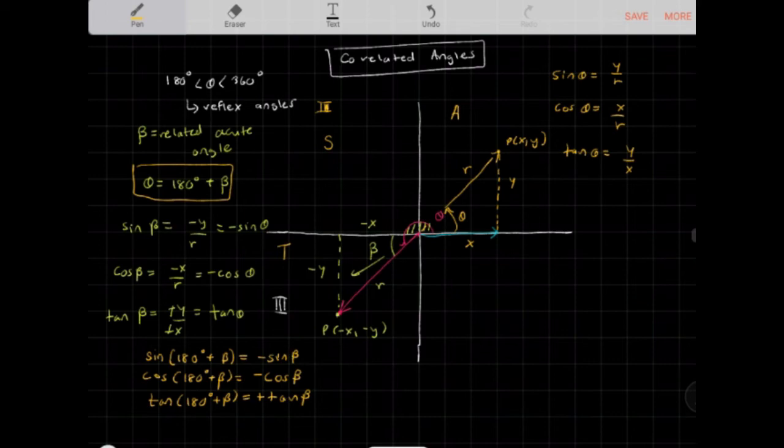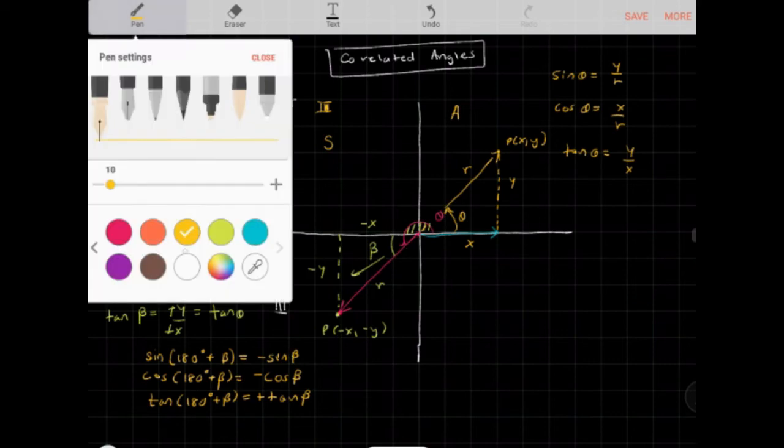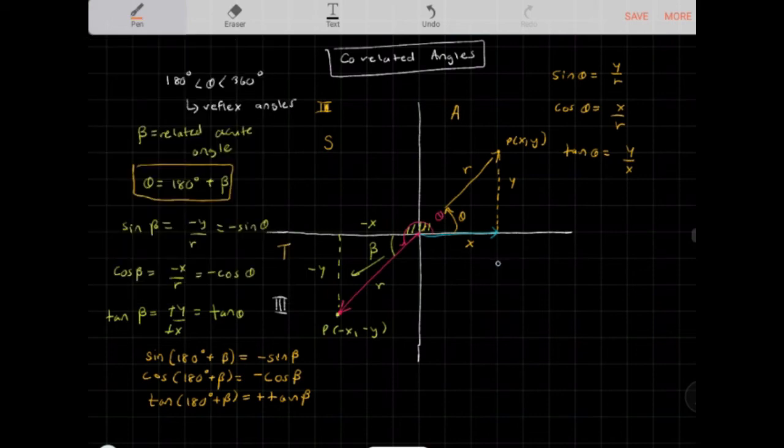Okay? Now, how do I use this? How do I go about using these equations? Well, let's say that we had a related acute angle that was related to a reflex angle that was a special angle. Let's say that we wanted to evaluate, let's figure out what is cosine 240 degrees.